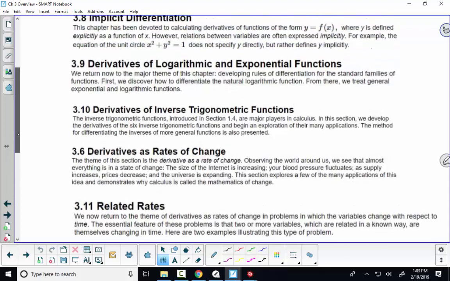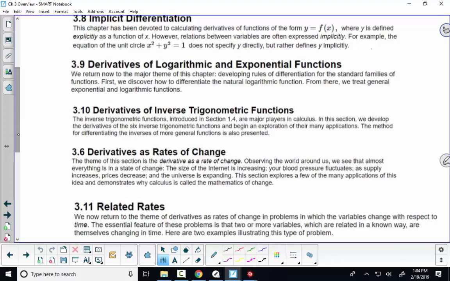But again, except for these last two sections, we're constantly learning new derivative rules and techniques, and they all build upon one another. So you get a lot of information really quickly. I would recommend doing some sort of note card system, whatever has proven in the past to work for you, to memorize a lot of facts in a short amount of time.